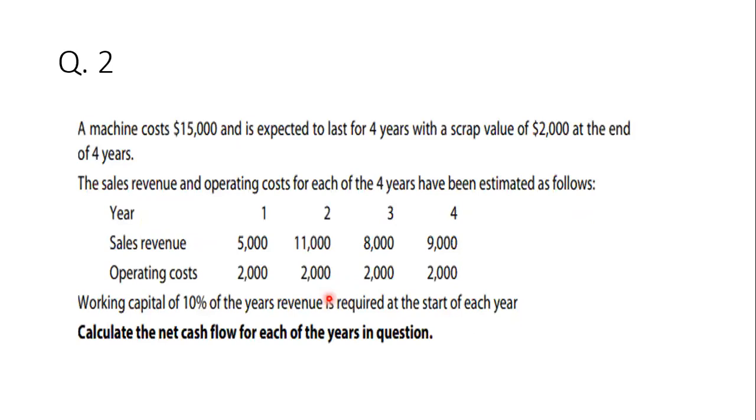In year one, the working capital requirement would be 10% of revenue in year two. So revenue in year two is 11,000. 10% of 11,000 is 1,100.